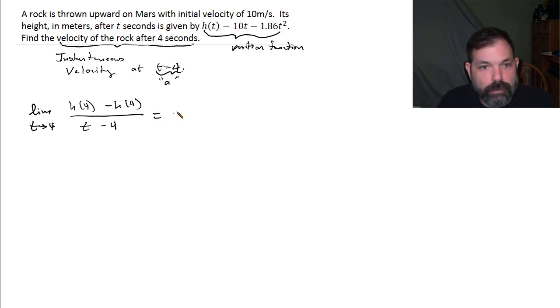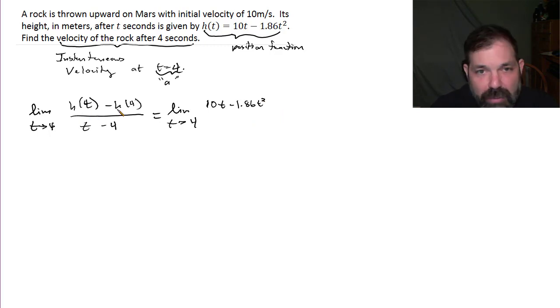So then this would be the limit with t approaching 4 of h of t minus h of 4. So that would be the limit with t approaching 4 of 10t minus 1.86 t squared. And then I'd have to evaluate h of 4. All right, well, I'm going to go ahead and use my calculator here.